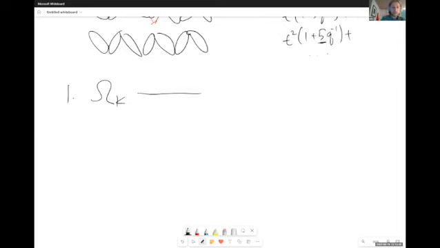I'm going to extract the coefficient of x_1 up to x_n, all different variables, x1, x2, x3, x4, and then the coefficient of y_1 to the n.